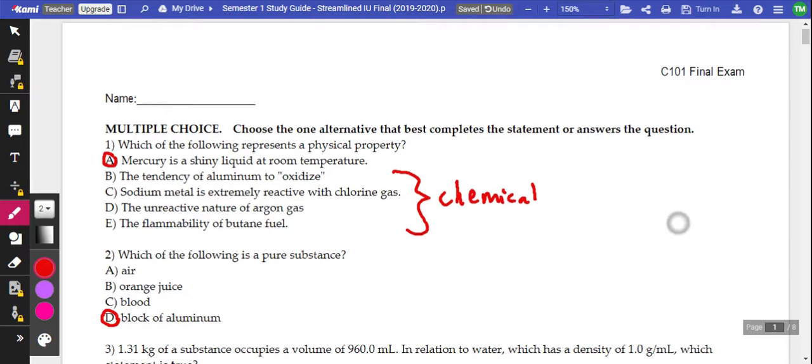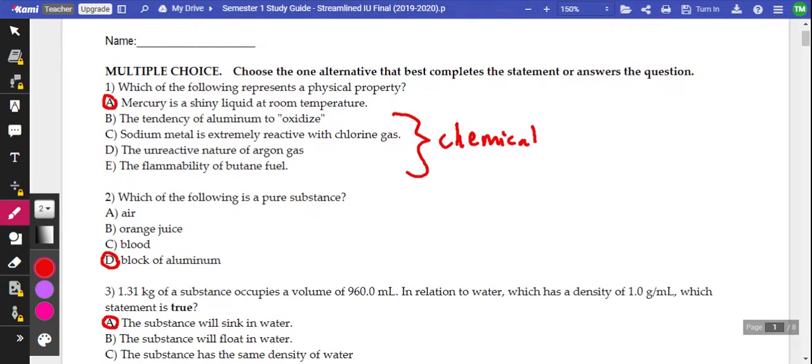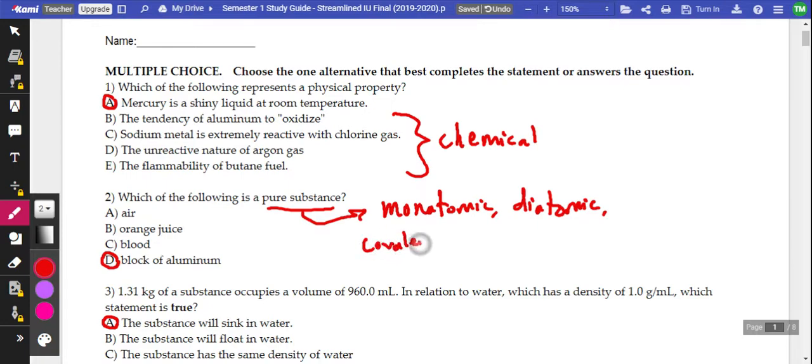Number two, which of the following is a pure substance? Okay, a pure substance can be a monatomic element. It could be a diatomic element. It could be a covalent compound.